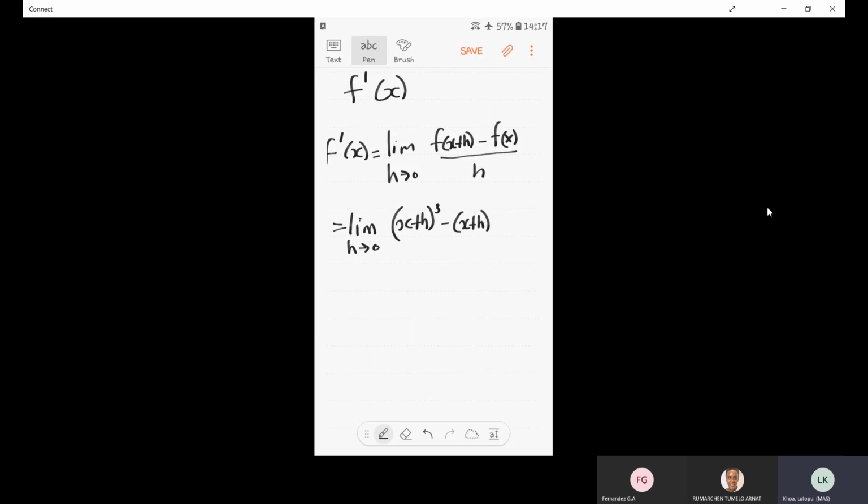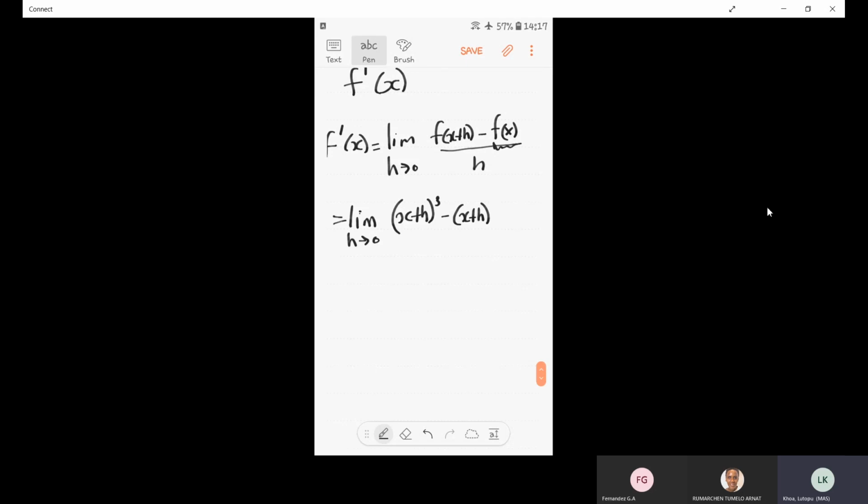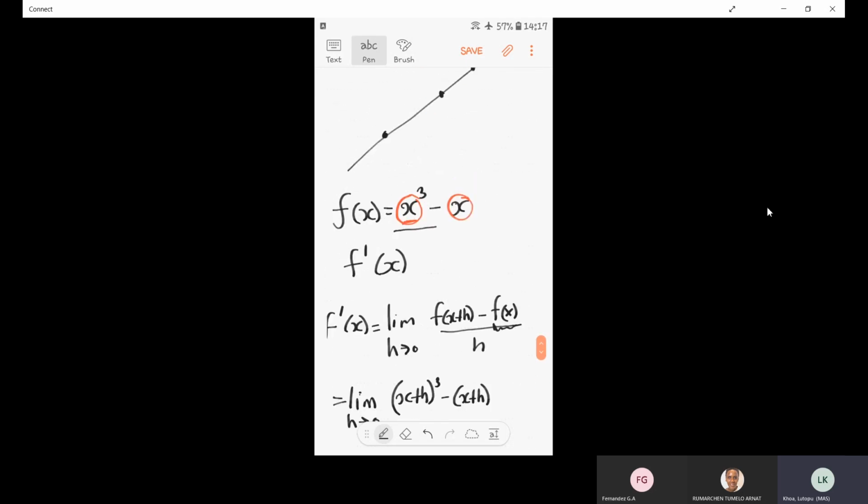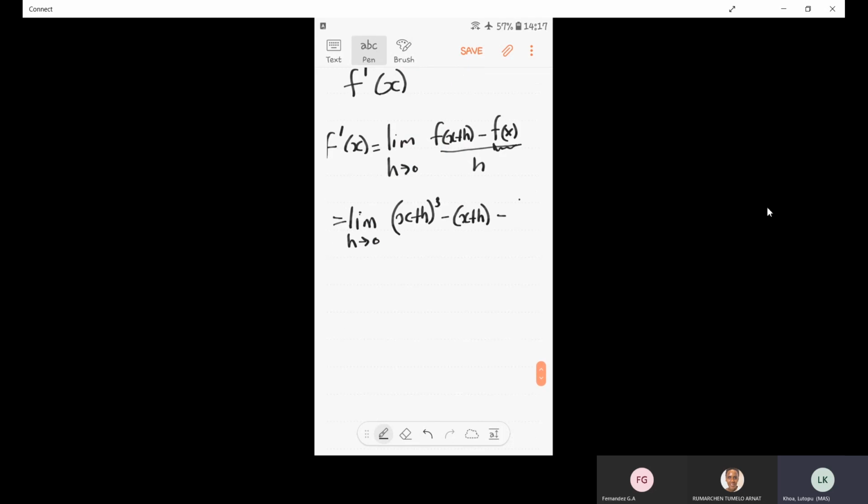And then I substitute f of x. Now f of x is exactly the way it is over there, so I need to subtract that. So this is minus, and I put it in brackets to show that I am subtracting the whole thing, and then this is minus x. Close your brackets, and then this is all over h.